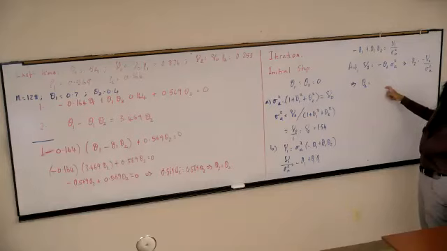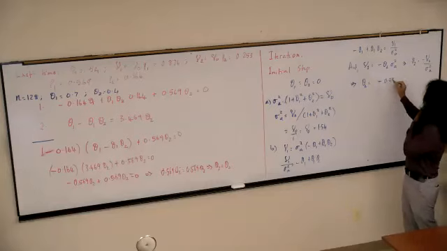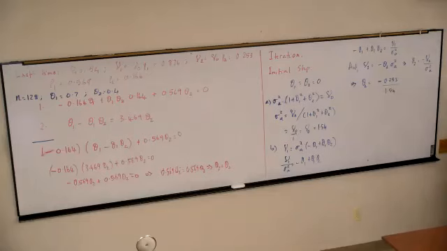So we're going to start here. Negative gamma 2, negative 0.253 over 1.54. We'll do it again. Negative 0.253 over 1.54. Good.